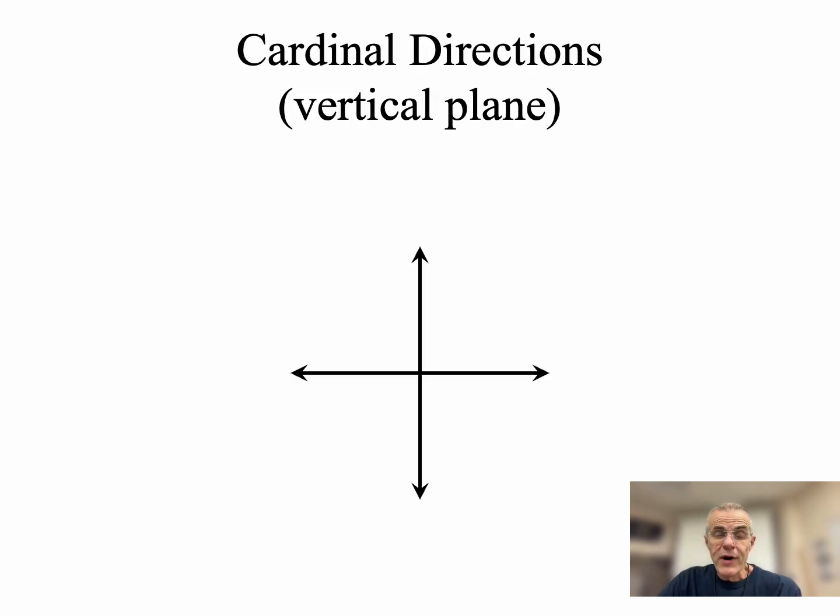Now, in practical terms, in physics, we typically have problems involving motion in a vertical plane, such as when you kick a football. The football follows a path that would be in a vertical plane. While it's moving, you might describe the football as moving to the right, or moving up, or moving left, or moving down. We're going to see those kinds of directions very frequently. In fact, you could use that as part of your answer.